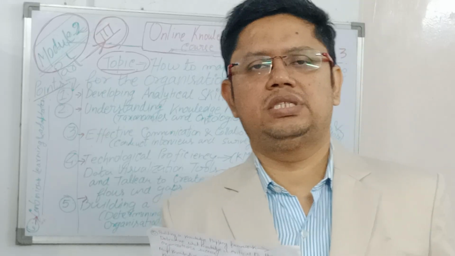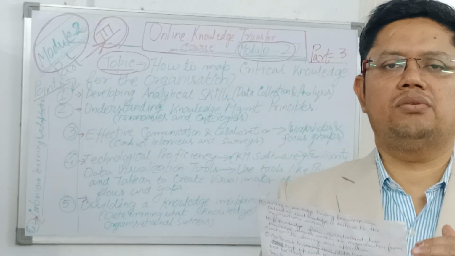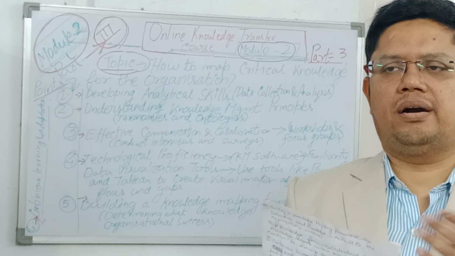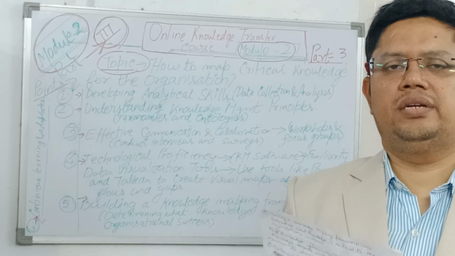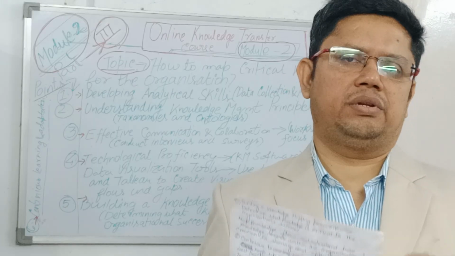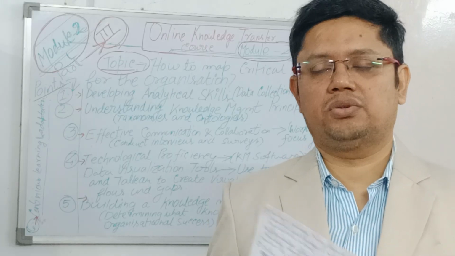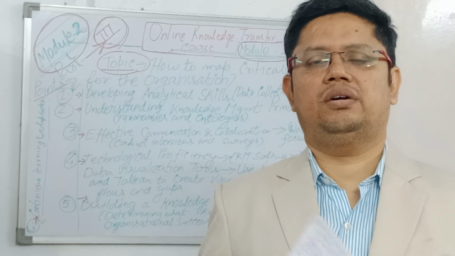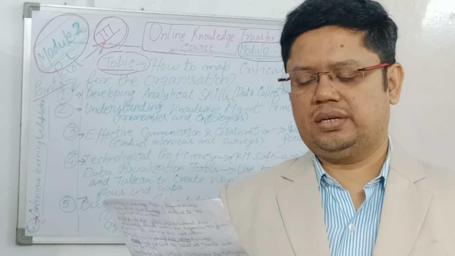These are certain principles of knowledge management in which the knowledge is stored, retrieved, and then updated once again within the organizational knowledge base. So there are two bases of storage: one is the taxonomical arrangement of data, the other is the ontological arrangement of the data.